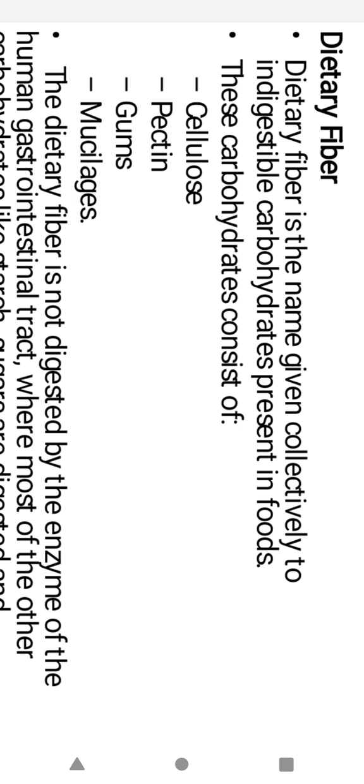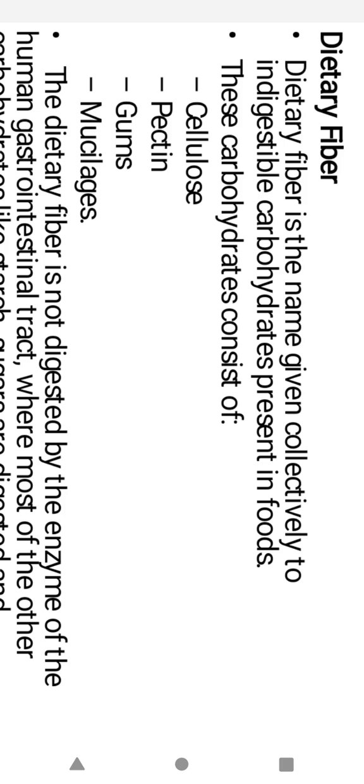In this chapter, next we see about dietary fiber related to the common carbohydrates. Dietary fiber is the name given collectively to indigestible carbohydrates. That means we consume so many carbohydrates, but we can't digest them through our gut.